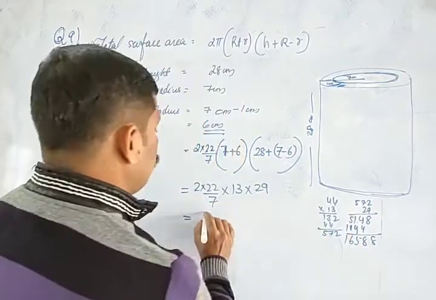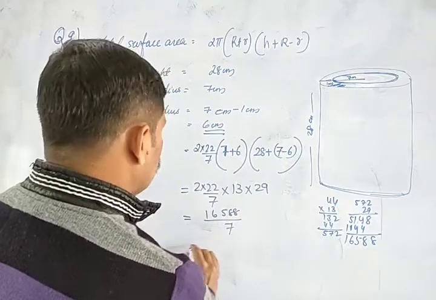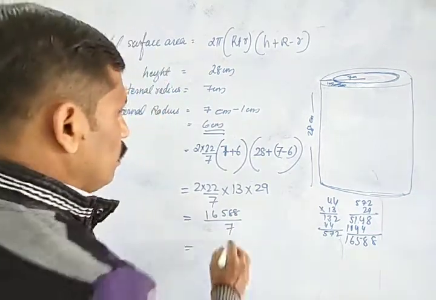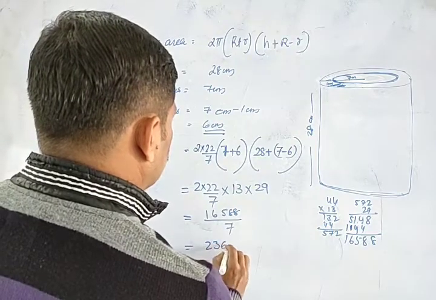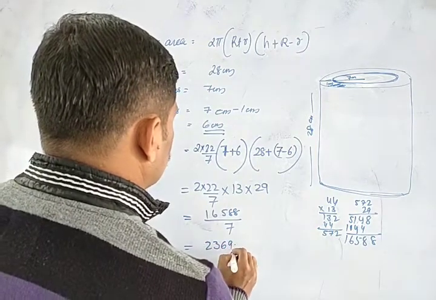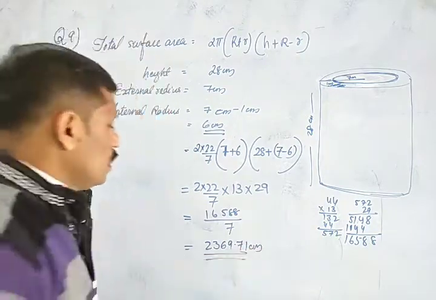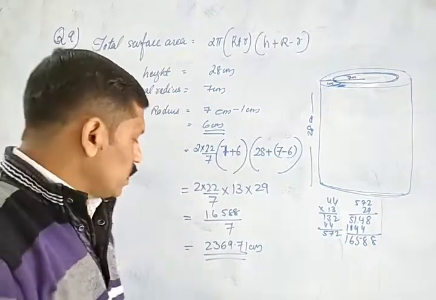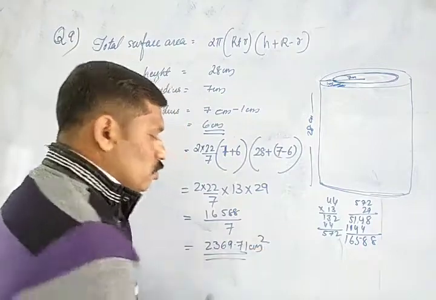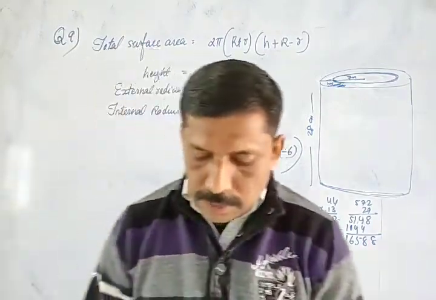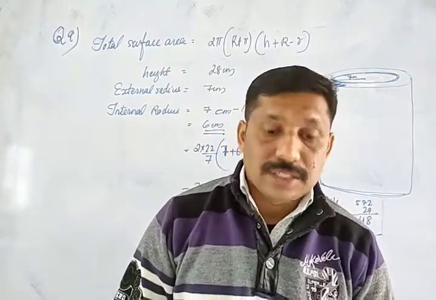That means 16588, 16,588 divided by 7. When we divide this, we get 2369.71 centimeter square. So the total surface area of this hollow cylinder is equal to 2369.71 centimeter square. So students, we have finished this exercise.